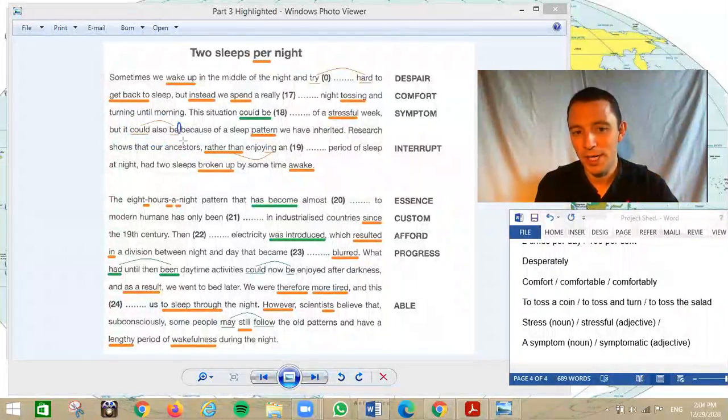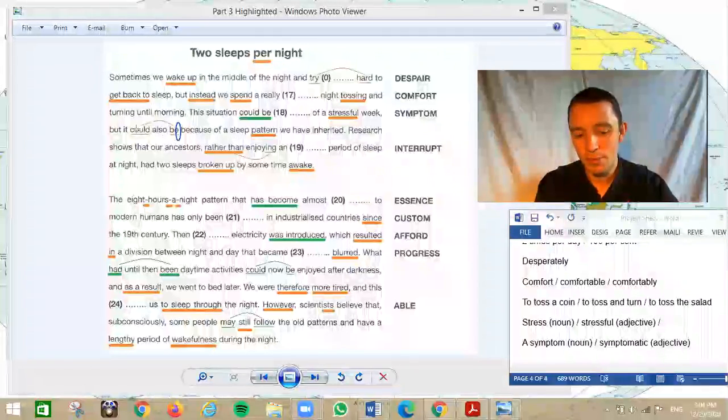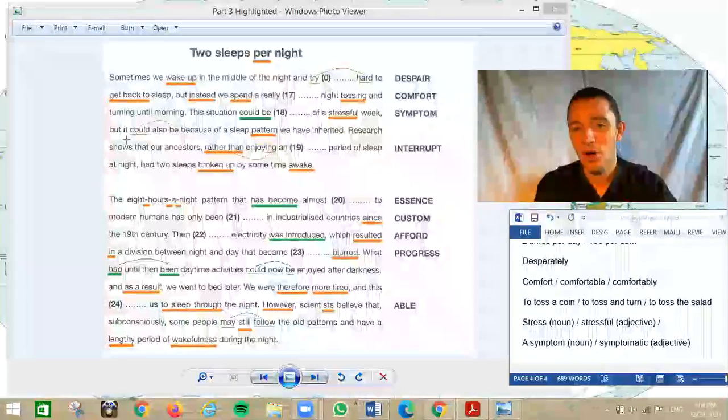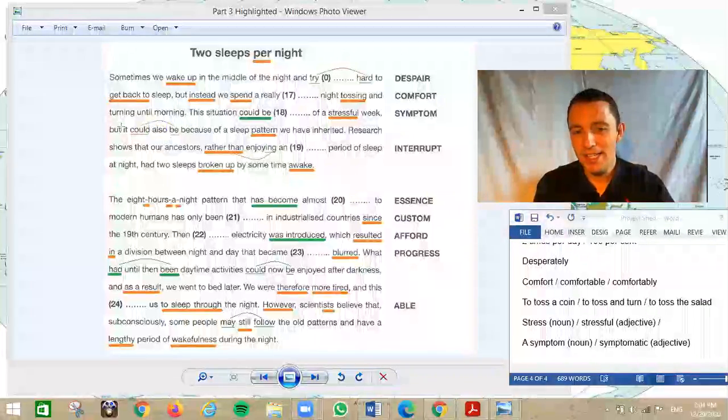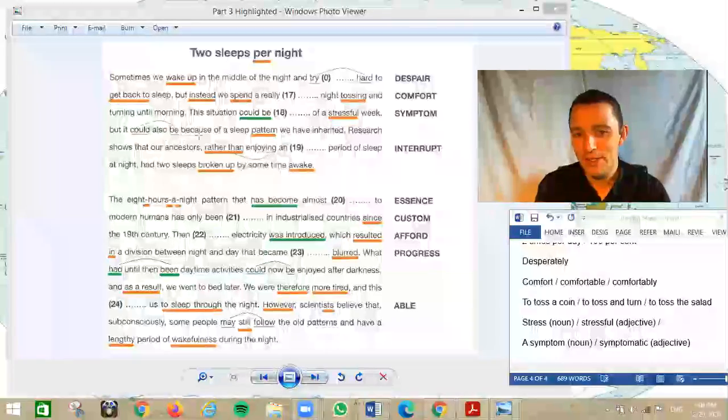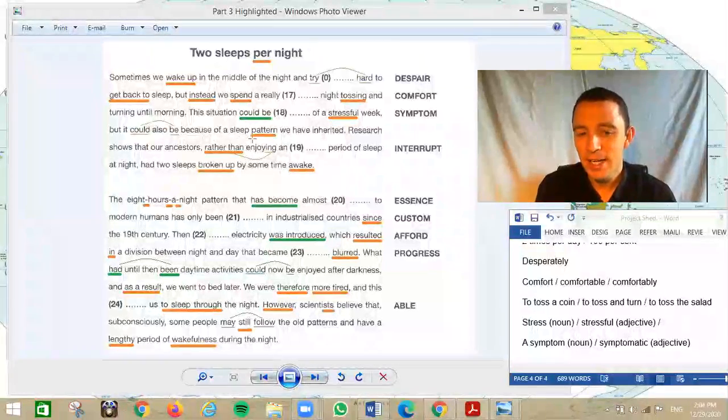You can put also here. Or you can put also at the start. So there's no difference between the position of also. And just to remember that it is the subject. Always remember the subject in English. It could also be because of a sleep pattern.